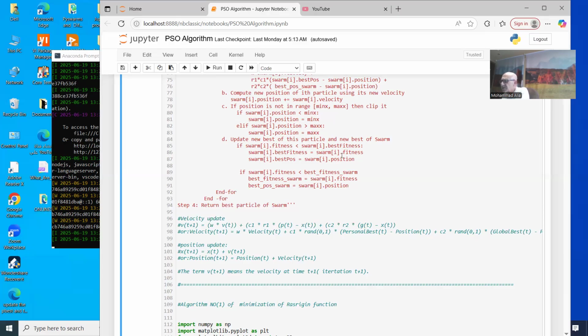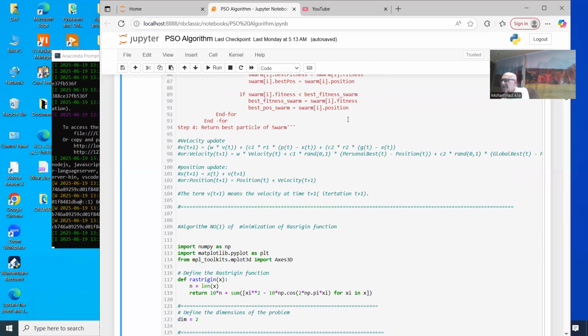So swarm of I fitness is assigned as the best fitness. And the position also, swarm of I position is assigned as swarm of I best position. So the best fitness and best positions of the particle are now modified and updated depending on the value of the fitness and the position.